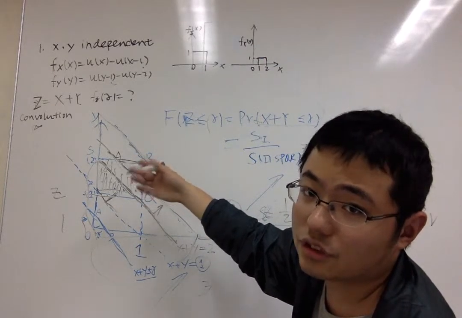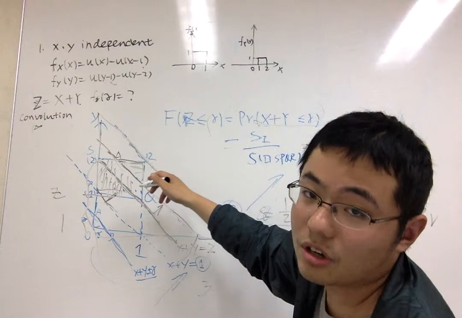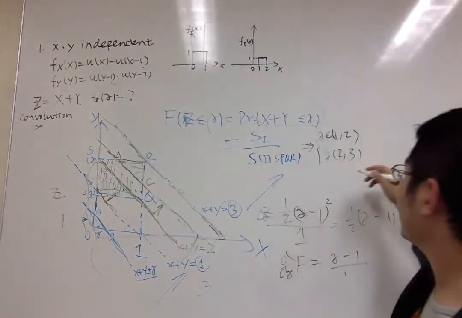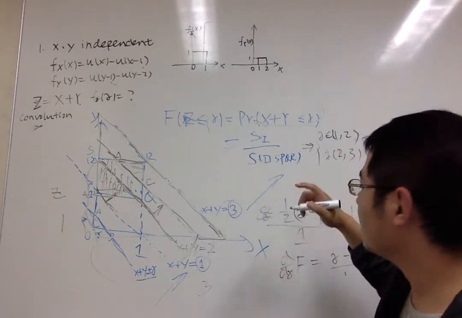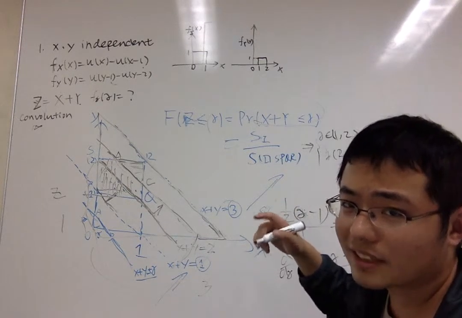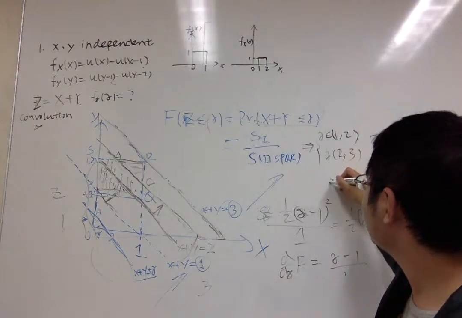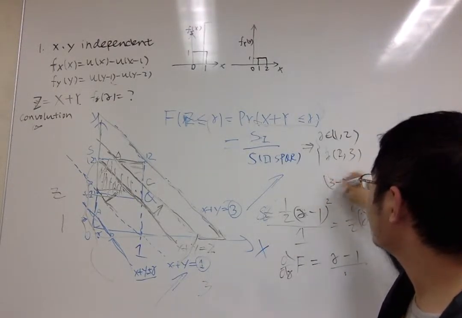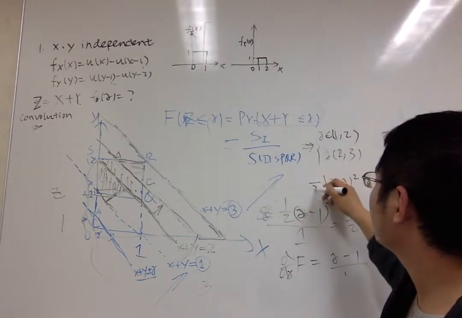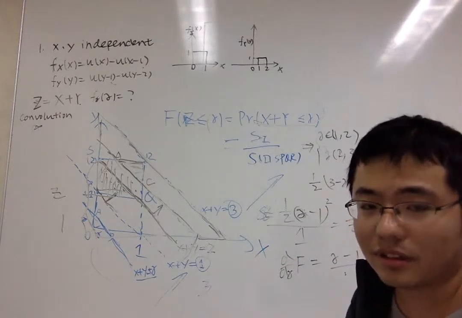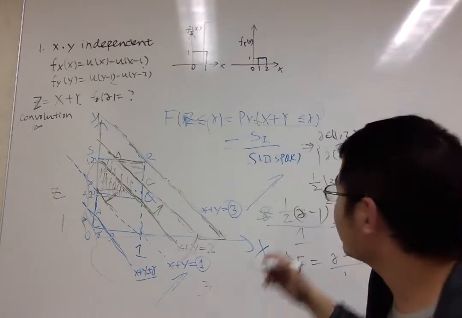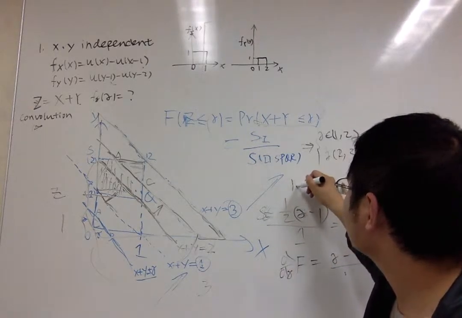So the length of one side of the triangle is 3 minus z, and we get this area like that. So the whole area of the pentagon is 1 minus that.